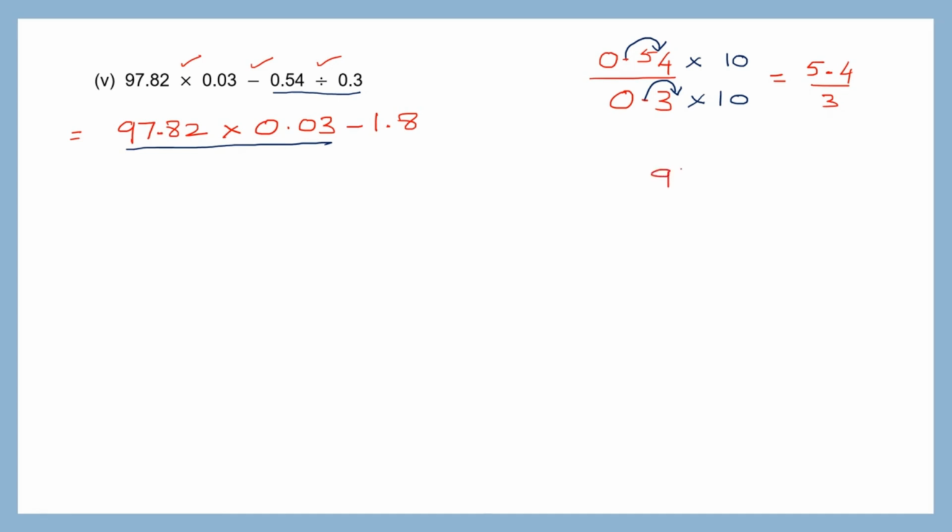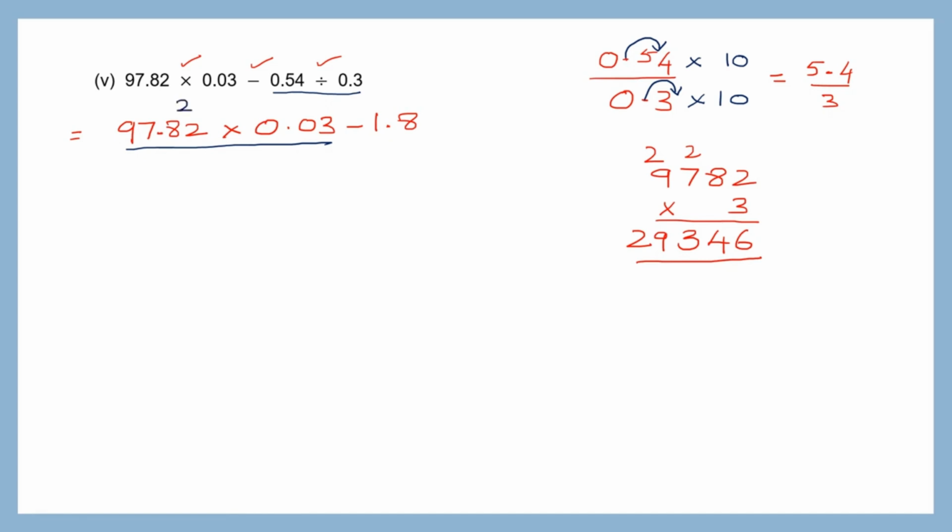So I start with 9782 into 3. 3 twos are 6, 3 eights are 24, carry 2, 3 sevens are 21, plus 2, 23, carry 2, 3 nines are 27, 28, 29. So I've got 29,346.